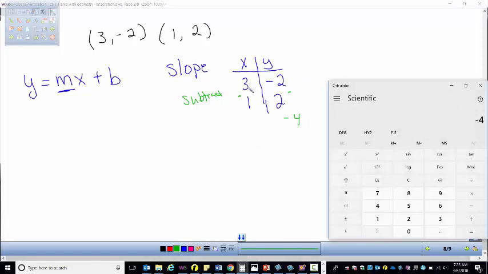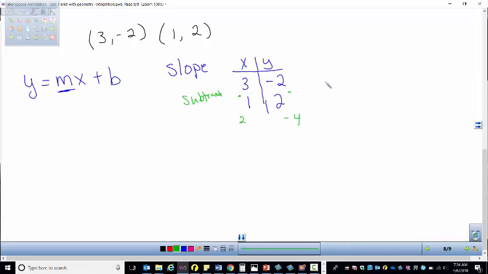And on this side, I have 3 minus 1, which gives me positive 2. So my slope is negative 4 over 2. And this simplifies to negative 2 over 1, or just negative 2. And it's negative because one is negative. So I know that m is negative 2.